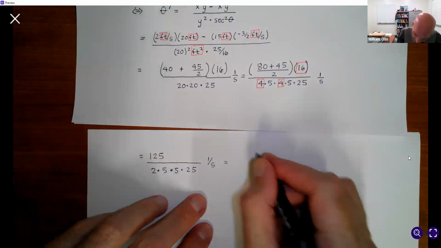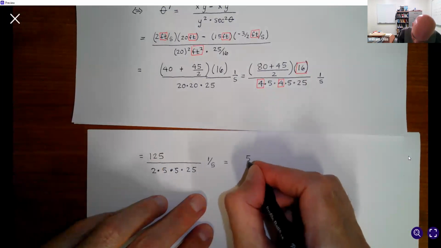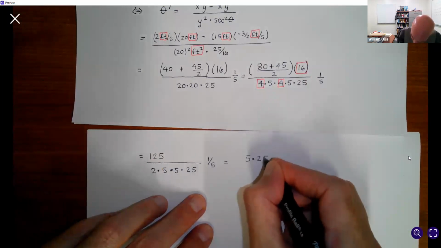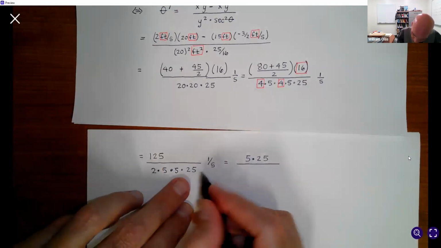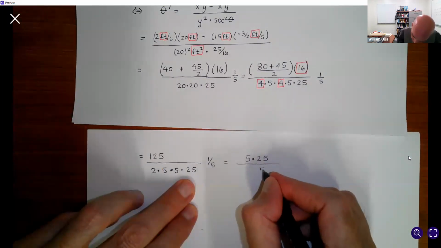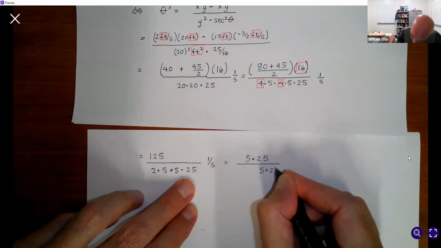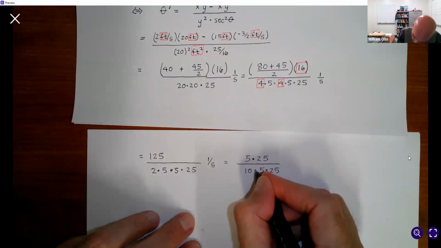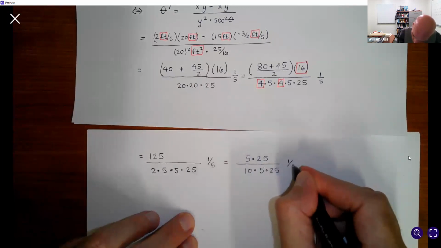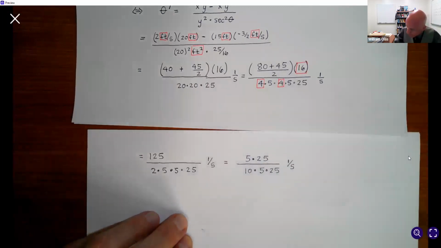So now, of course, the 125, that's just 5 times 25. So let's go ahead and factor that. And of course, we've got the 25 here and the 5, so we'll write that to the side. They will absorb. And then the 2 times the 5 is just a 10. And then the units, 1 over seconds, reciprocal seconds.